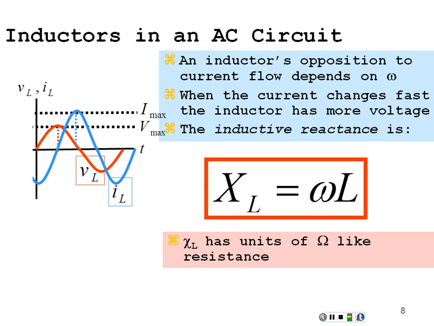Now if it's an inductor, the way it opposes the flow of current is that it actually stores energy in its magnetic field, and then later on it's going to give that energy back to the circuit. For a resistor, it simply dissipates energy. So both of them oppose the flow of current, but for an inductor, it's because it's storing energy and then giving it back. It's not dissipating energy.